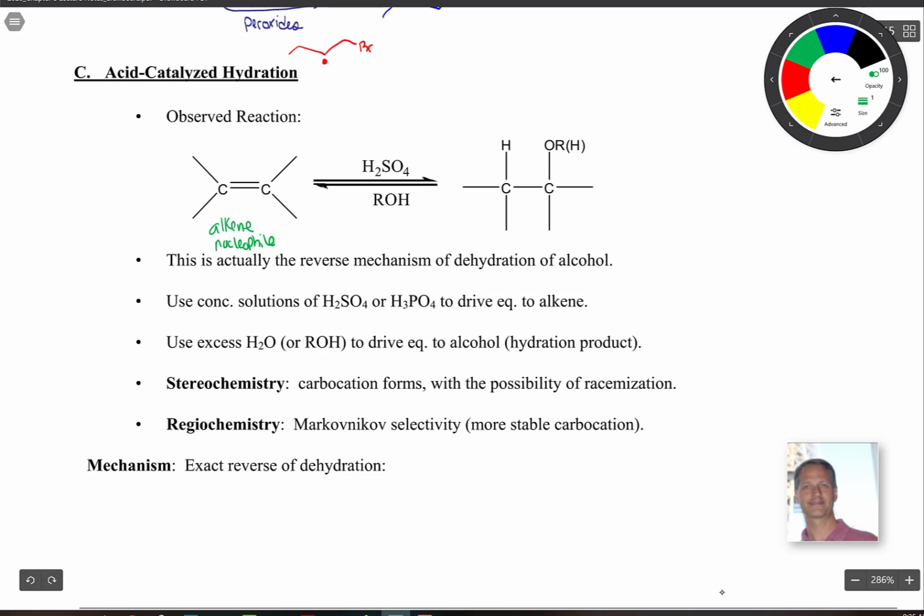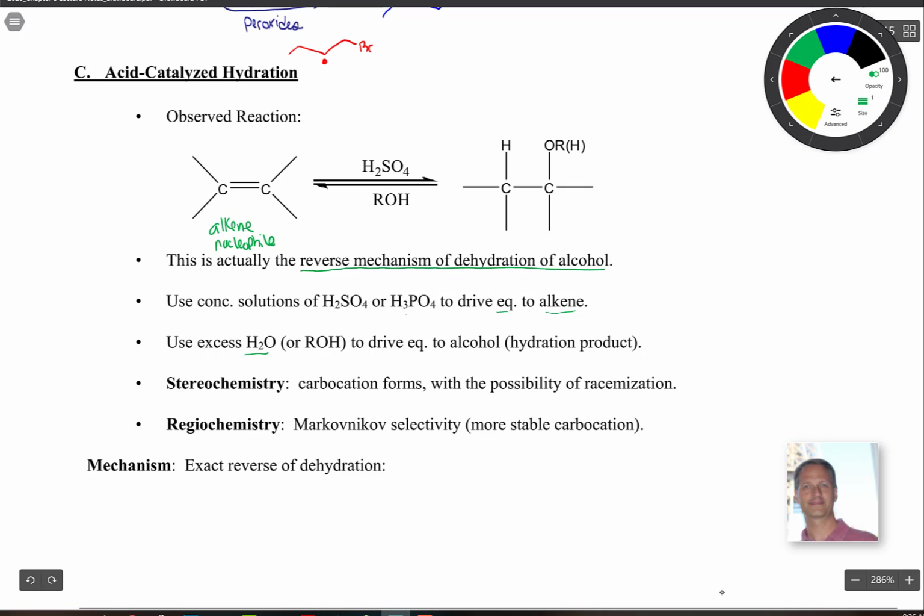So note here that this mechanism is the reverse mechanism of the dehydration of an alcohol. Well, we saw that in our chapter 7 lecture notes. Now, if you recall, dehydration required concentrated sulfuric acid. Right, so concentrated sulfuric acid or phosphoric drives the equilibrium to form the alkene.